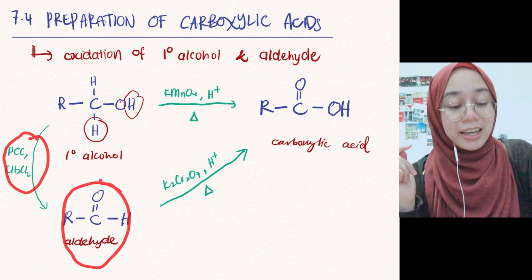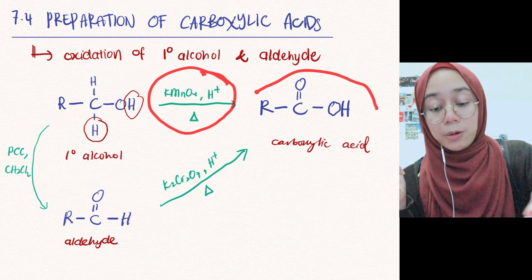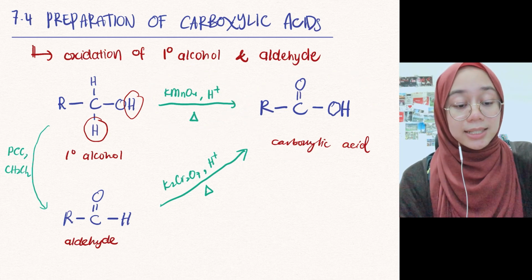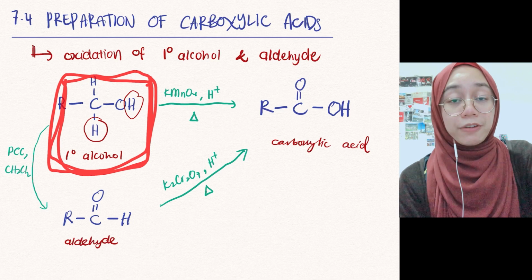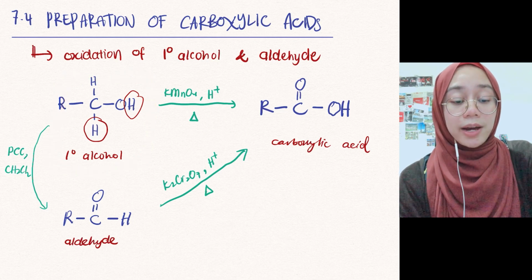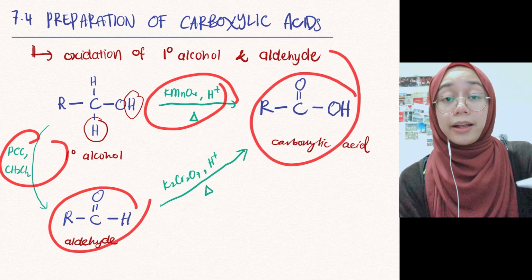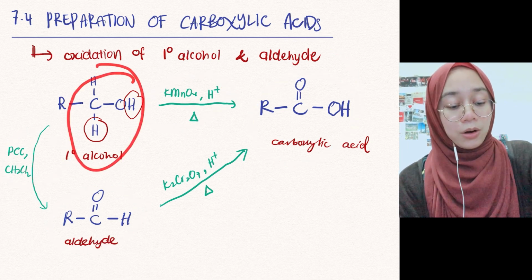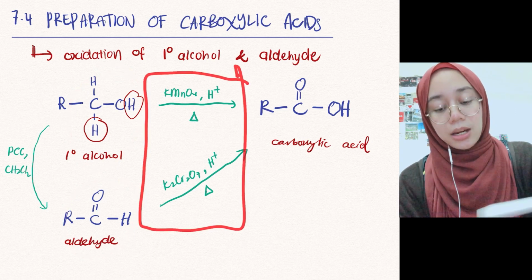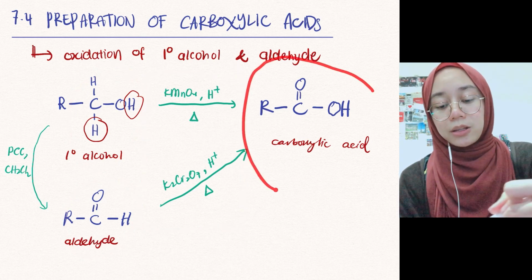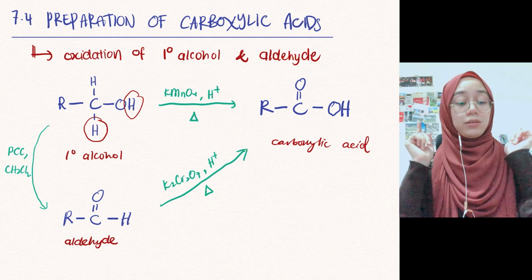Okay, but if you use a strong oxidizing agent, you will straight away produce the carboxylic acid. Okay, this is the case for alcohol. Primary alcohol with a different strength of oxidizing agent will give you two different products. But from primary alcohol and from aldehyde, if you use a strong oxidizing agent, both will produce carboxylic acid directly.